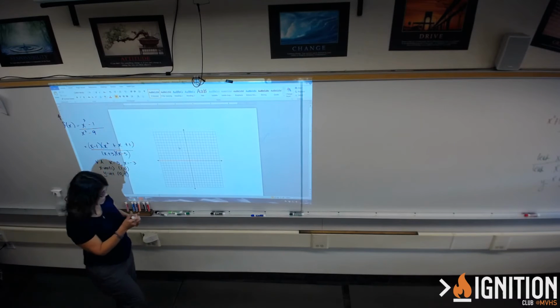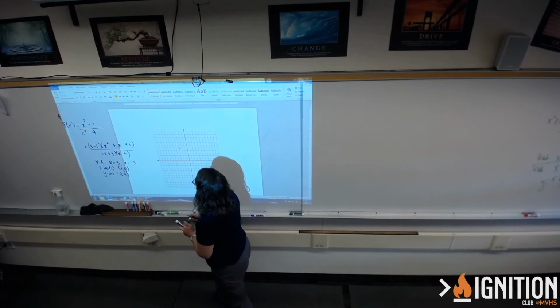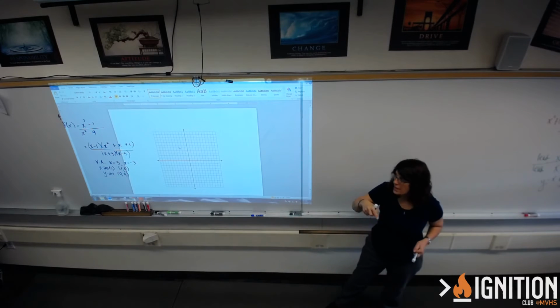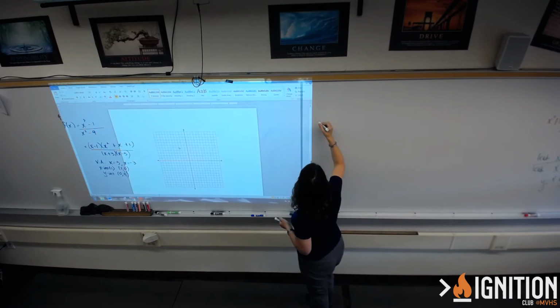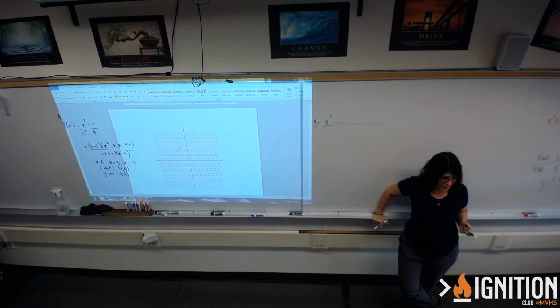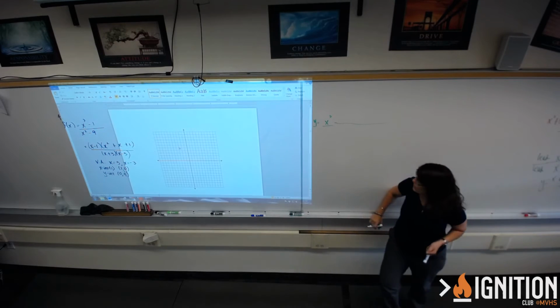What's the lead coefficient in the numerator? 1, and then it's x cubed. Sorry, the lead term is x cubed. I don't care about the rest. I only care about the lead term. Denominator? X squared.